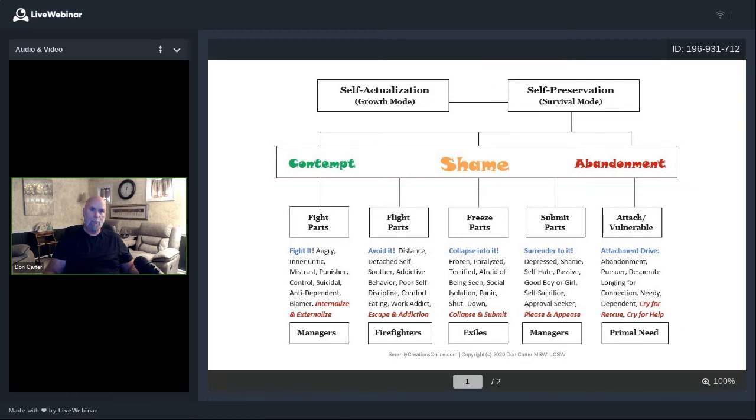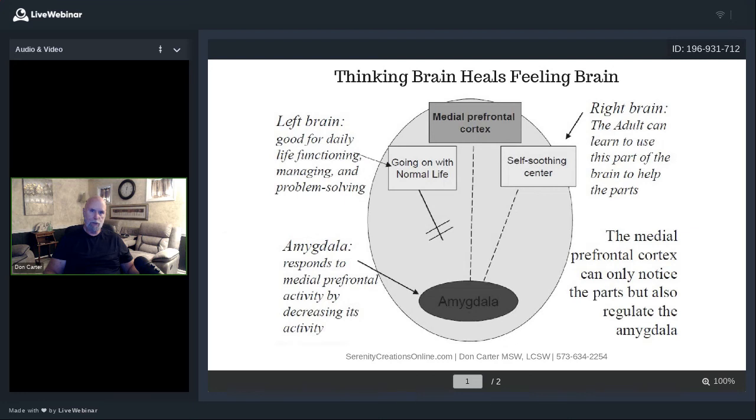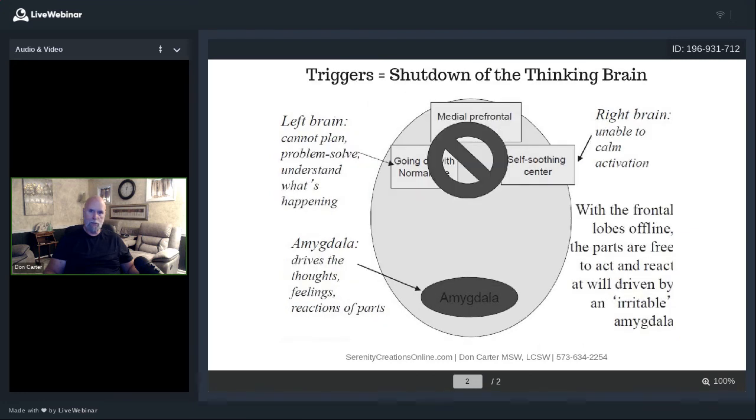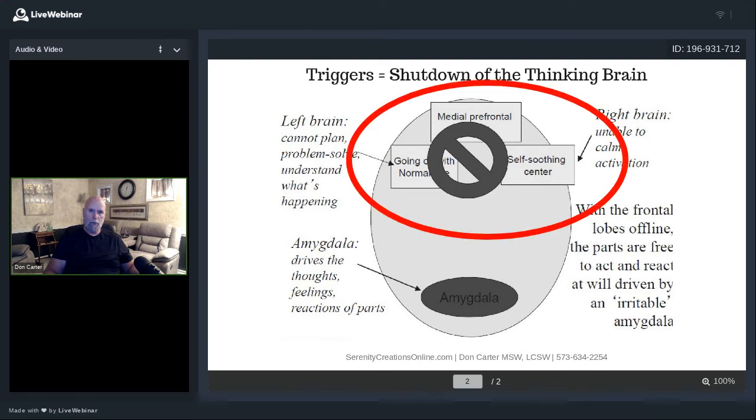And when that happens, what happens to this thinking brain up here is that it goes offline. The adult resources are not available to the amygdala, and the amygdala drives those thoughts, feelings, and reactive parts. When the frontal lobes go offline, those parts are free to act and react at will, driven by an irritable amygdala.